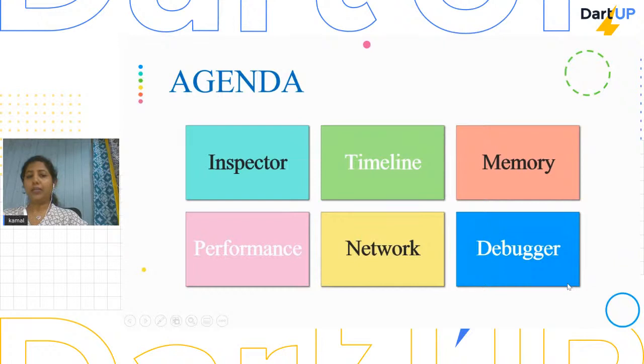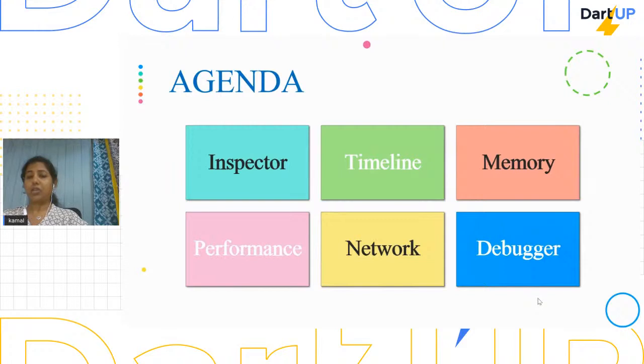Now, the things that I will be covering in this tool are 6 points: the inspector, timeline, memory, performance, network, and debugger. If you have a fair idea of all these aspects, then you're good to go. But if you really want to dive deep into it, there are links where you can find and explore it.